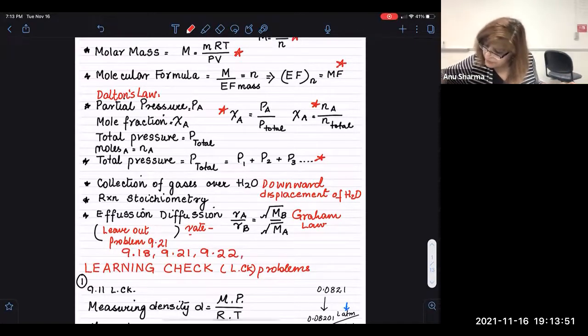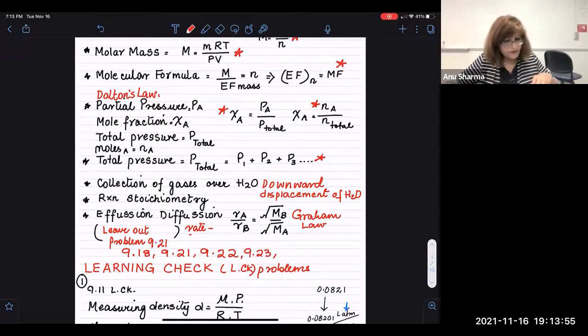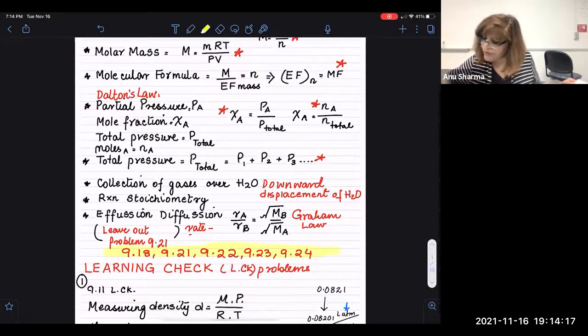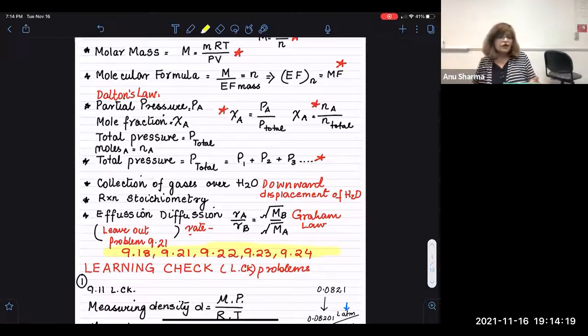And we are calculating the velocity also, the URMS, but we are not doing this anymore. And the non-ideal gas behavior, that is 9.24. Make a note of these. You don't have to do these, but if you want, you can do it on your own. I'm not going to cover questions of these types on the test.